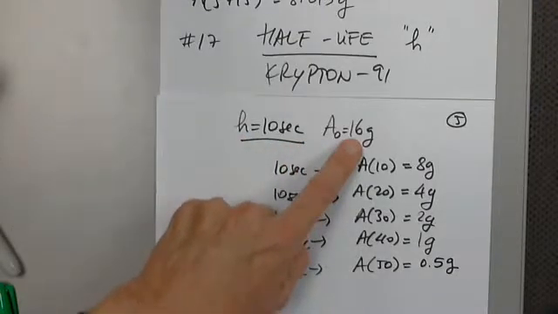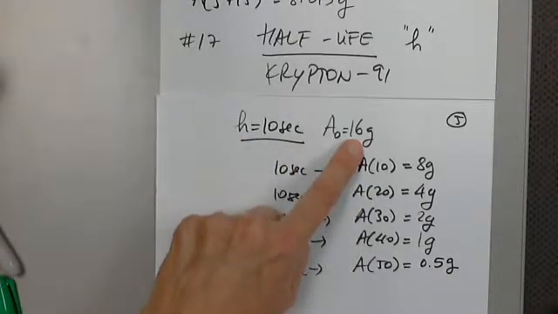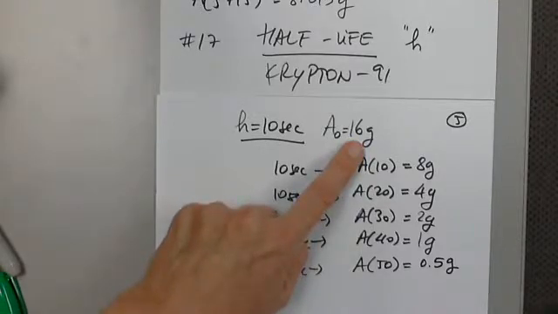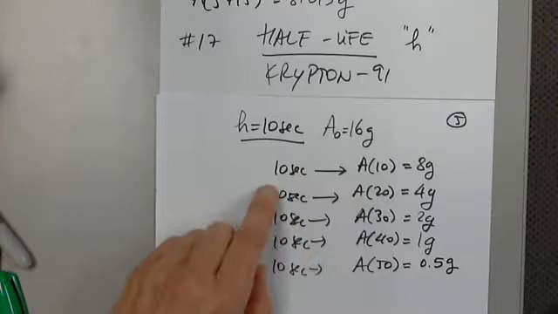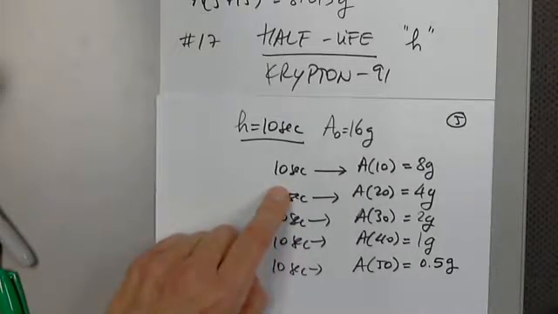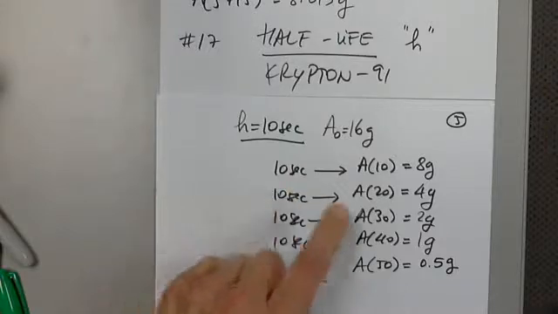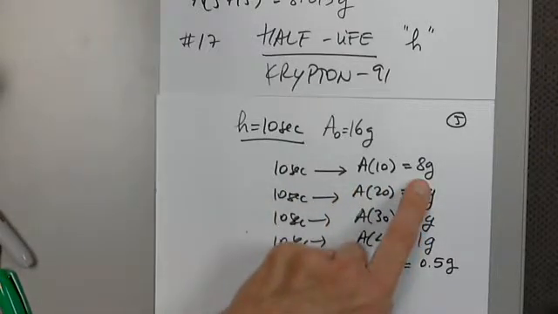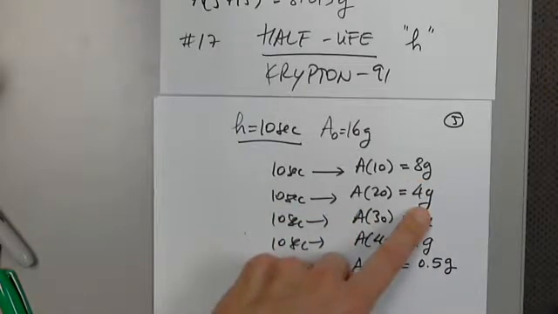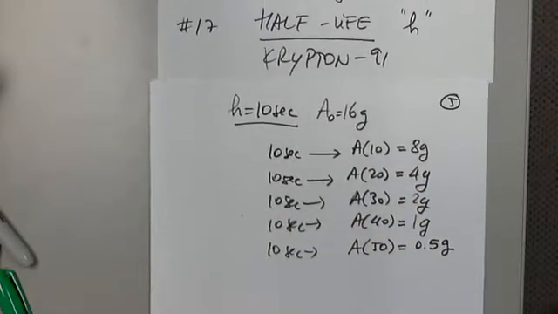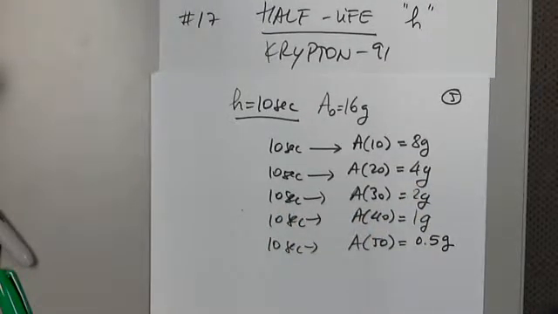So if we have 16 grams, and we have to be careful because it's a radioactive substance, 10 seconds later, if we expose it to air, 8 of those grams dissipate in thin air. In 10 more seconds, 4 more grams dissipate in thin air, and so on. Does it make sense? Yes. Okay, perfect. Thank you.